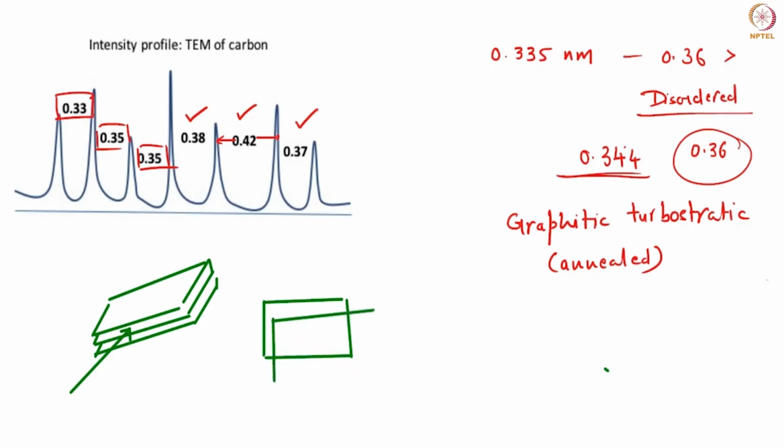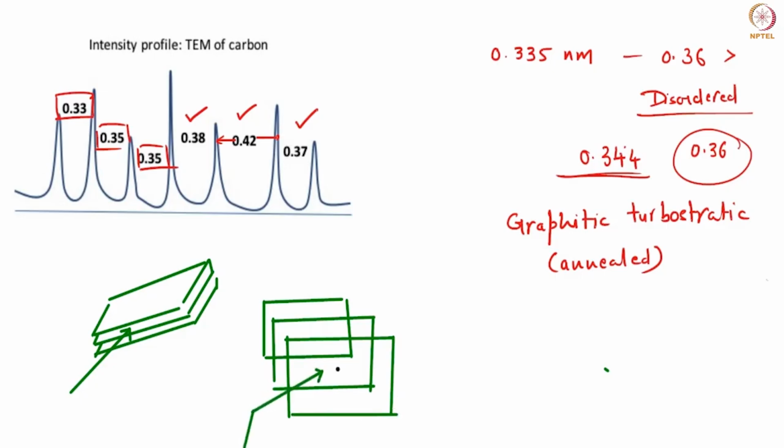So it could be something like this, and now we are looking from the top. So this is also possible, and that is the reason the distance you're getting here may not be close to the interlayer distance. Then this can be 0.4, it can potentially be anything. So this is one possibility.